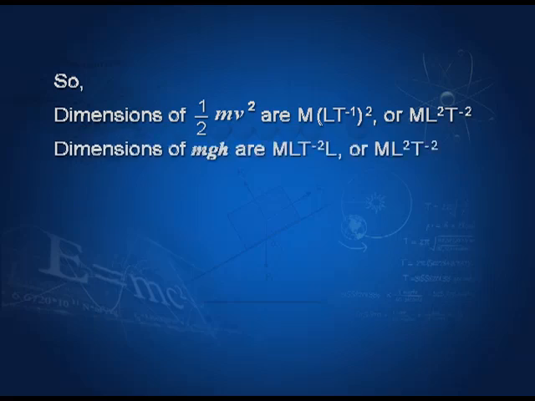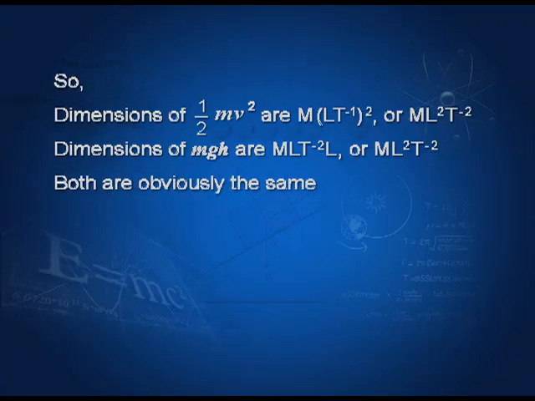Dimensions of m g h are M L T to the power minus 2 into L, or again M L squared T minus 2.